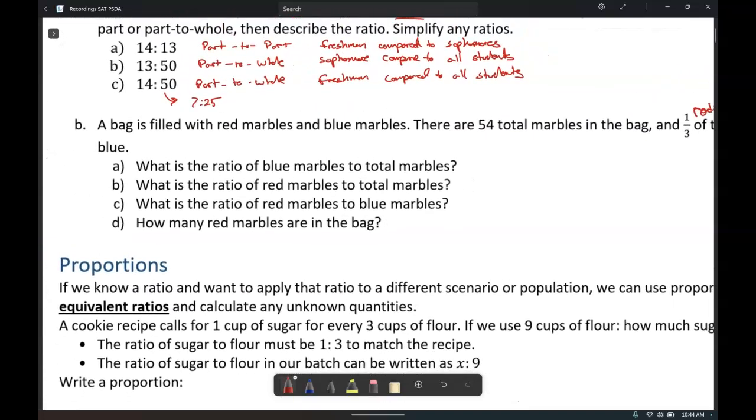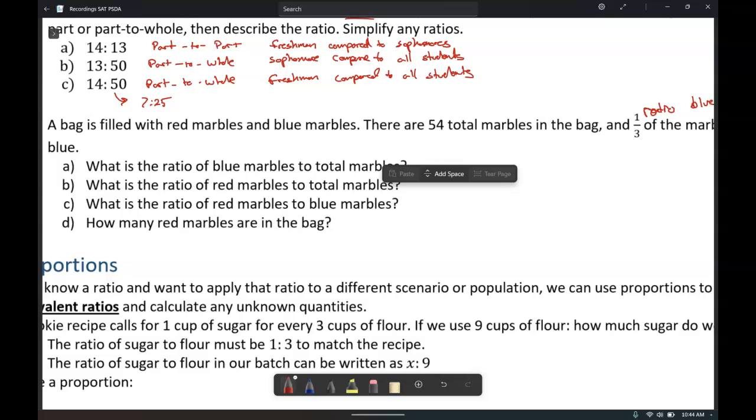So the ratio of blue to total marbles is going to be 1 to 3, 1 out of every 3. The ratio of red marbles, well, if 1 out of every 3 is blue, then the other 2 out of the 3 have to be red.